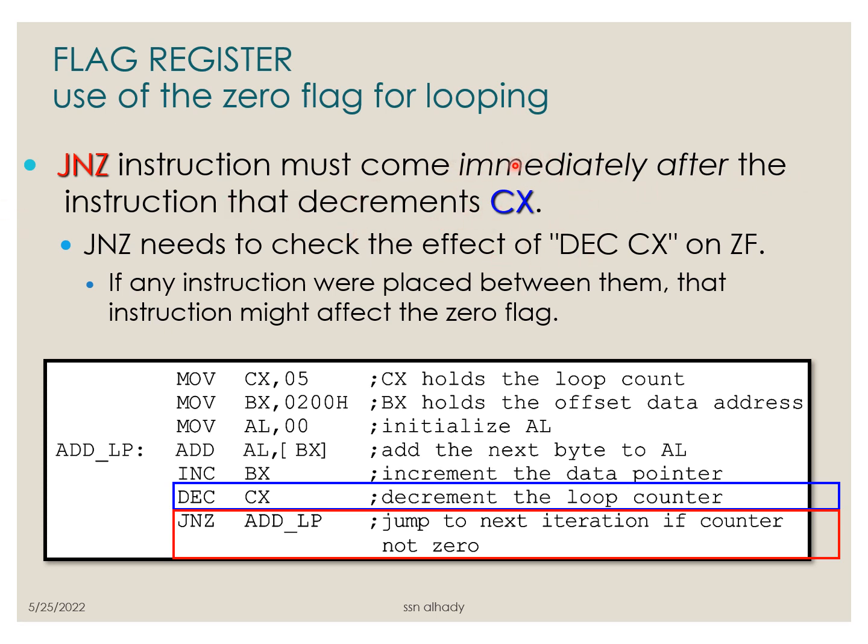It will check the result of CX after being decremented. A jump not zero needs to check the effect of the decrement of CX on ZF. If an instruction were placed between them, that instruction might affect the zero flag. You cannot put any other instruction between them.